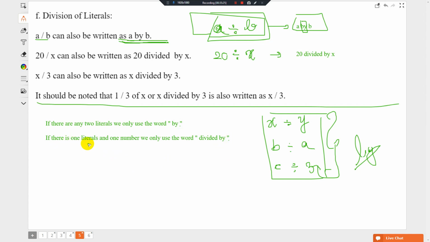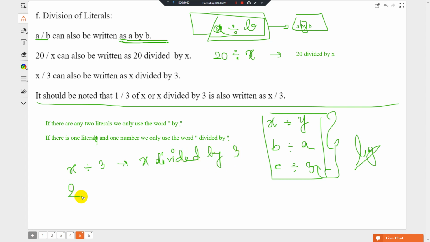Now, if there is one literal like X and one number, it is read as X divided by 3.